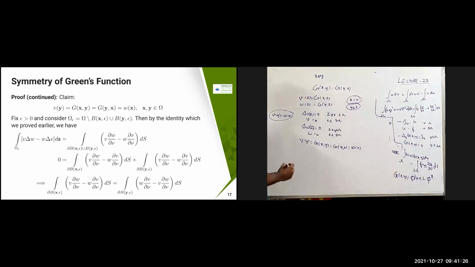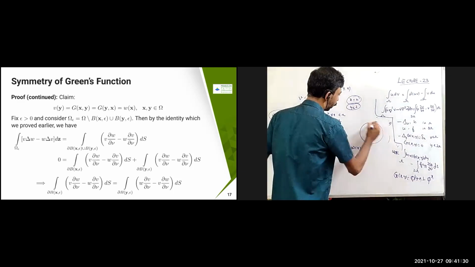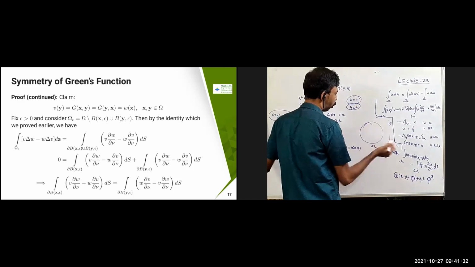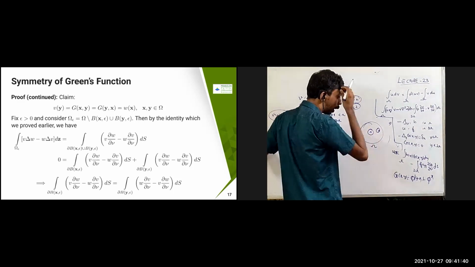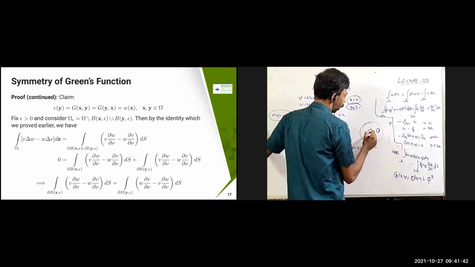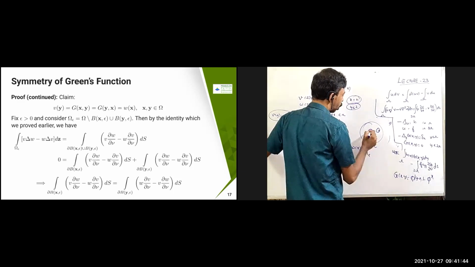So once again, what we need to do is consider the domain as follows. I'm going to consider a fixed epsilon greater than 0. I have a ball here, I have omega here, so I have to consider my omega epsilon. Say x is here, and y is somewhere here. Then I have to consider the balls as follows. I will remove this ball, and this ball also.